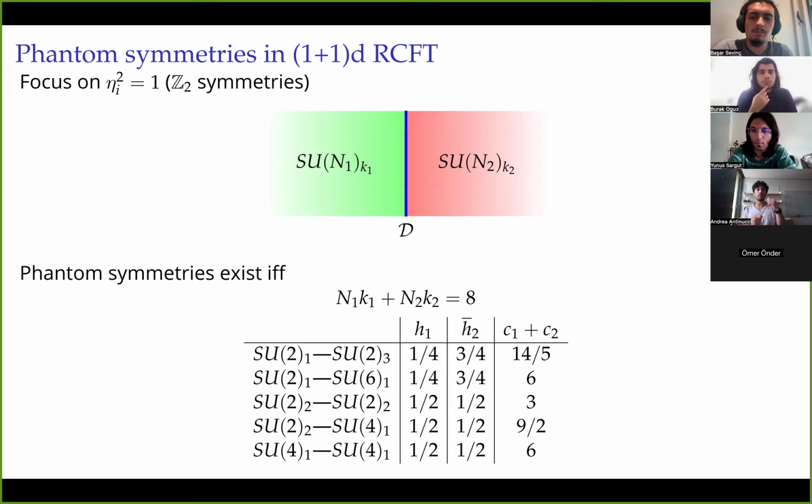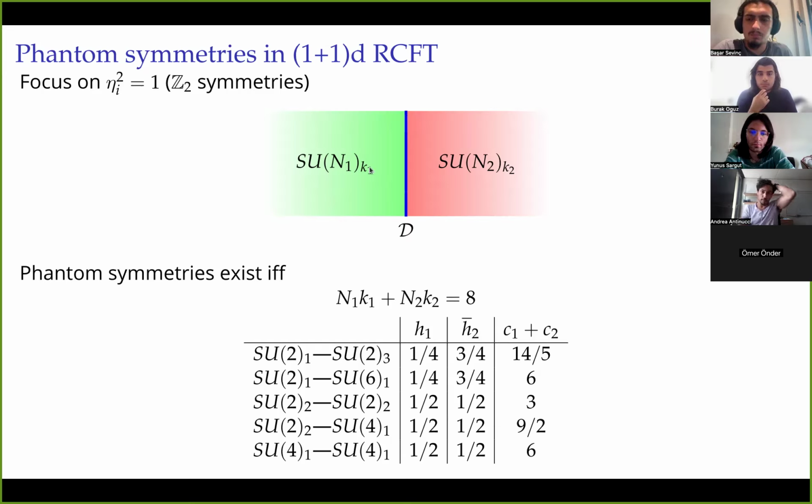So if you look for more general examples, which you can find in the paper, in which these lines are not Z2 lines, you will get non-abelian phantom symmetries. For instance, you can get SU(2) and stuff like that. You will see the details in the paper, but it's much more involved. And now I just want to focus on the simplest example of just abelian current algebra and Z2 lines.